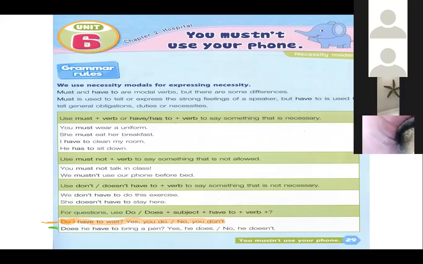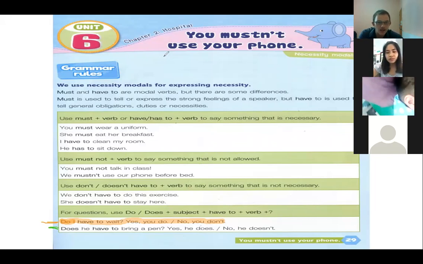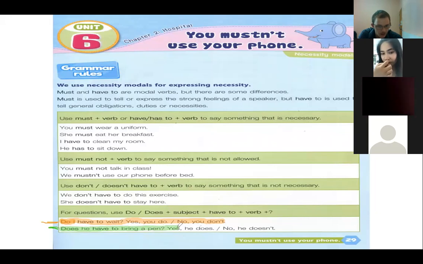How about Quan Cao? Quan Cao, please read the sentence at the bottom. I will highlight it in green. Please read the sentence at the bottom. Quan Cao, can you hear me?